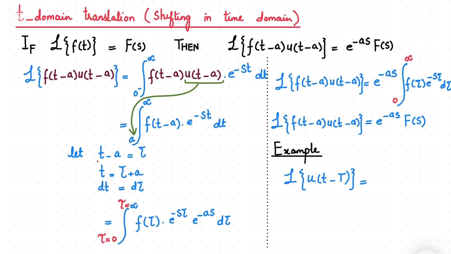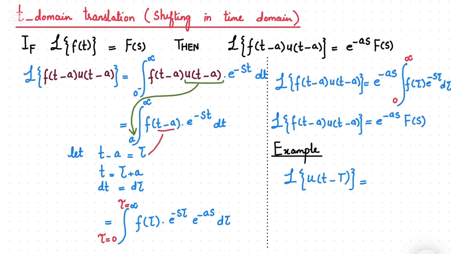So we can change variable over here. Let's say t minus a is replaced by a new variable tau. We can rearrange this equation and write t as tau plus a. And if we take the derivative of this equation, it means dt would be equal to d tau. What next? It means we can write this equation in the form of our new variables now.